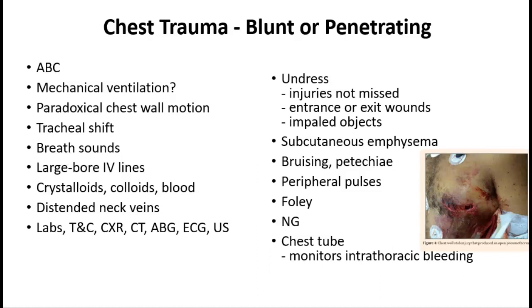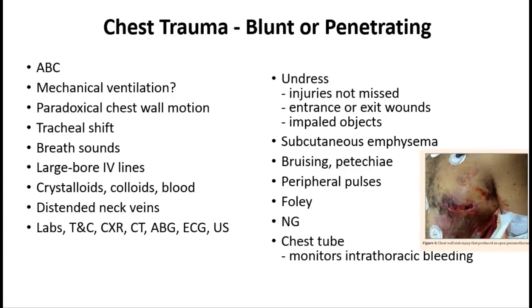Subcutaneous emphysema means that there is air under the skin where it doesn't belong, and that is a sign of potentially a pneumo and barotrauma, so lung injury, bruising potential. Always want to check their peripheral pulses to make sure they're not going into shock. Foleys may be needed for shock management as well, nasogastric tubes, and then chest tubes to monitor the intrathoracic bleeding.